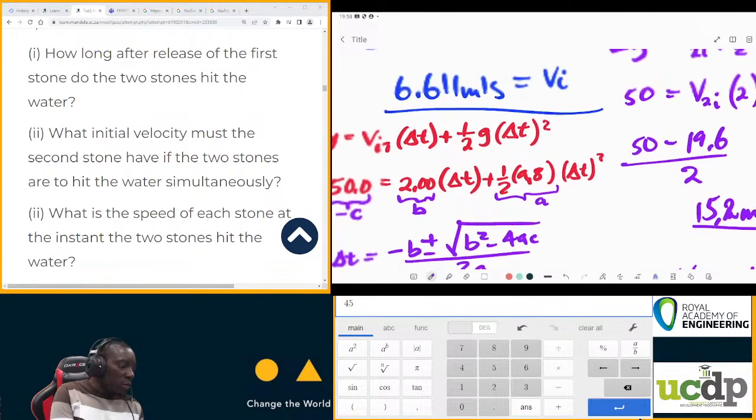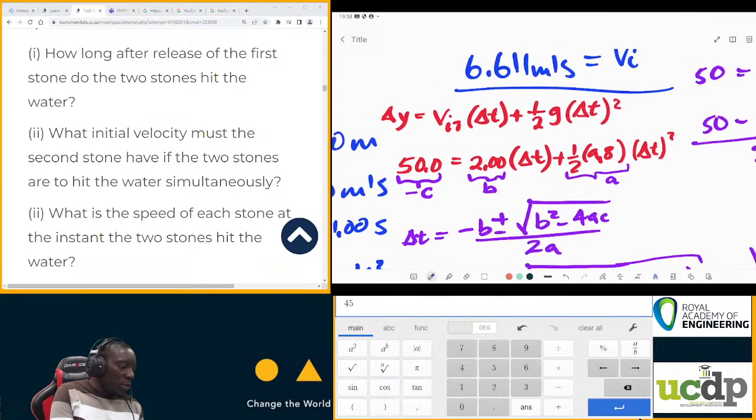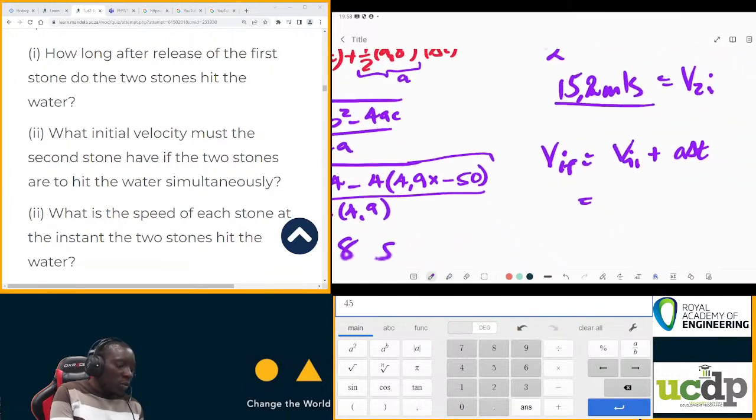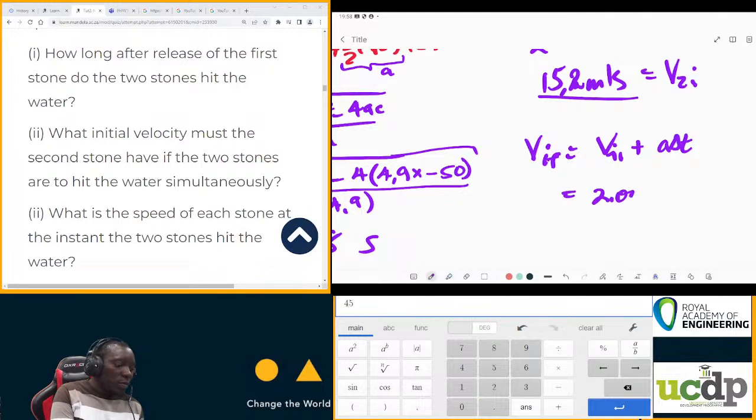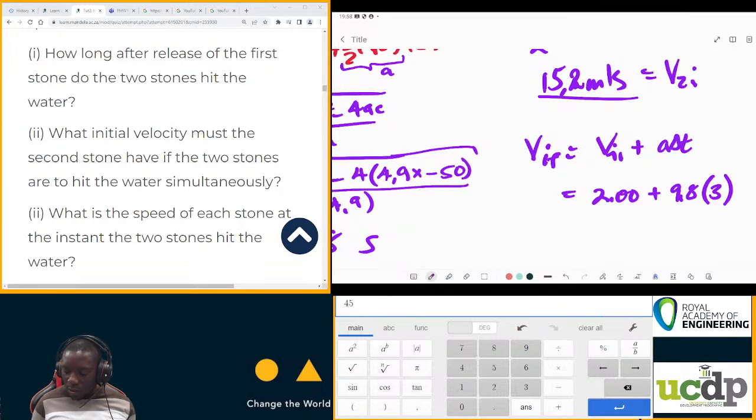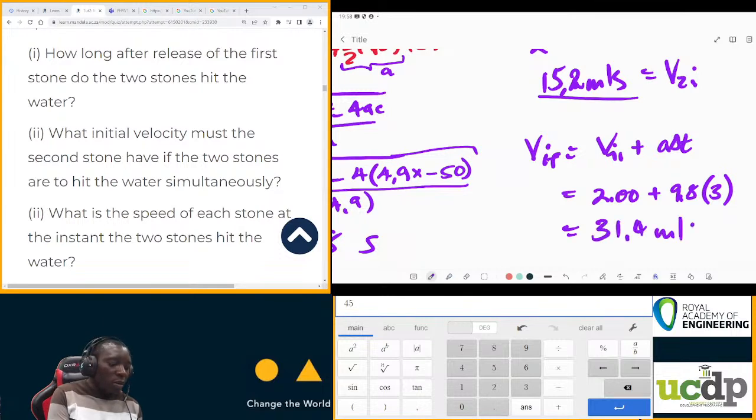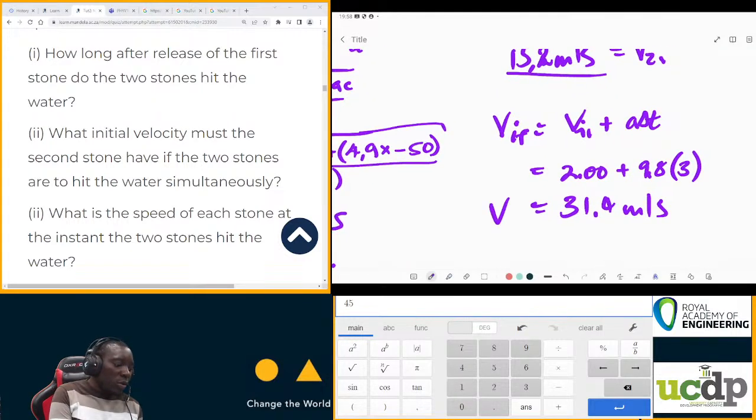V1 initial, we said, is 2, plus 9.8 times 3. So 2 plus 9.8 times 3 is 31.4 for the final velocity of stone 1.